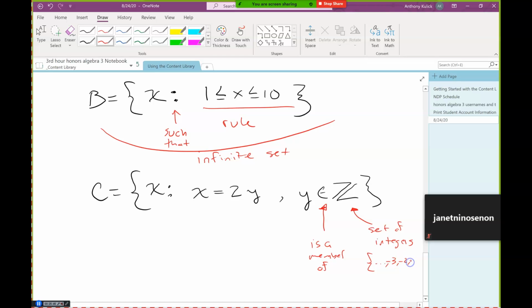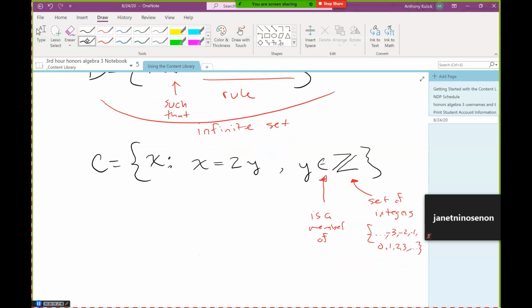If you don't remember, the set of integers is basically the set of positive or negative whole numbers. So notice when I wrote that set out, I put that ellipsis in there, right? That's what those 3 dots are. What does an ellipsis mean? Yeah, that pattern continues forever. Yep, goes on forever. Okay with that?